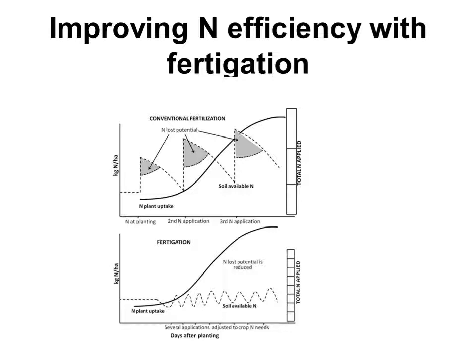In this graph, you see the total uptake of nitrogen of a crop. This sigmoid curve shows the cumulative nitrogen uptake by the crop, and the dotted line shows the soil available nitrogen.